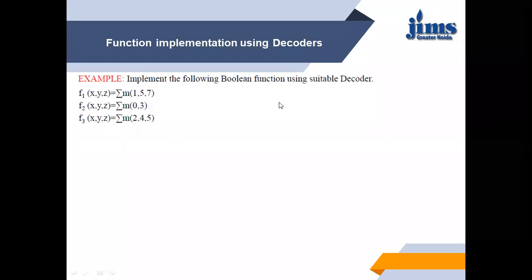So the size of the decoder will depend upon the input. Here we are using three inputs X, Y, Z. That means the size of the decoder will be 3:8. So all of you please try to do this.